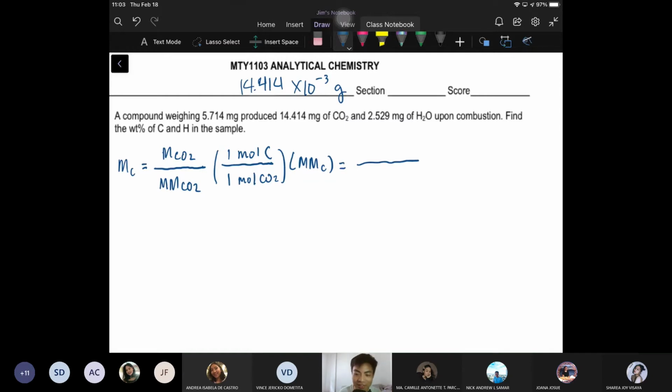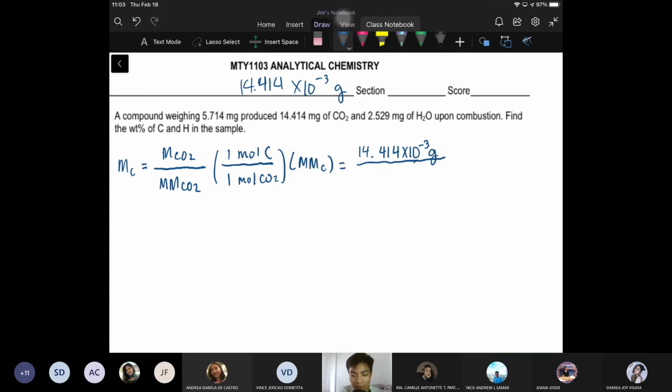Mass ng CO2. So again, naka-milligram yan, gagawin natin gram. So to do that conveniently, you just add times 10 raised to negative 3 sa number. Okay, para mabilis na, para wala nang kung ano-anong steps. So 14,414 times 10 raised to negative 3 grams.